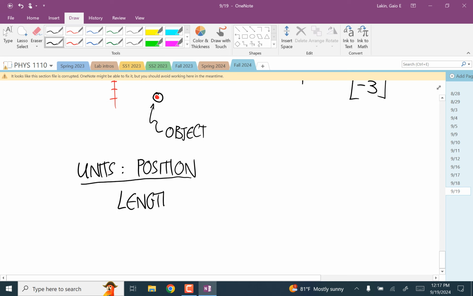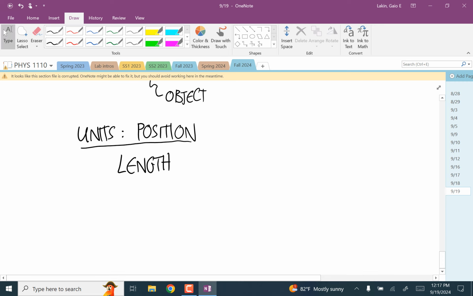We're going to see this with everything in 2D. Whatever the units were in 1D, it's going to be the same units in 2D. I'll keep writing them, but it's going to be length for this, length over time for velocity, etc. So the SI units for position are meters.